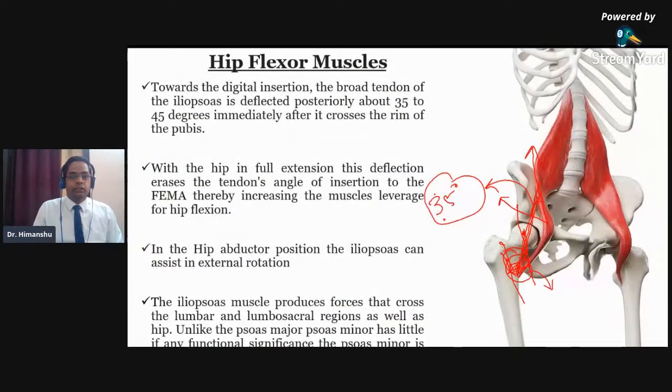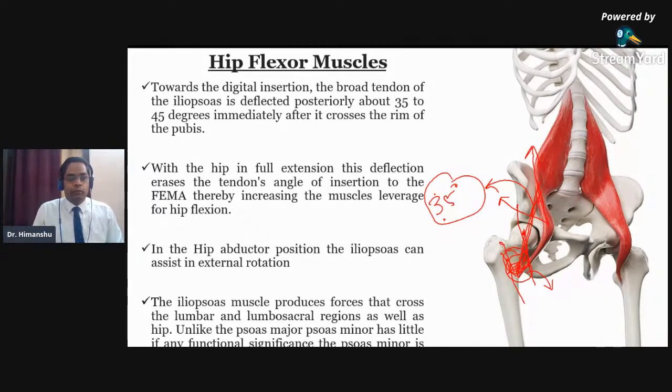So towards the distal insertion, the broad tendon of the iliopsoas is deflected posteriorly about 35 to 45 degrees immediately after it crosses the rim of the pubis, or the ramus of the pubis.